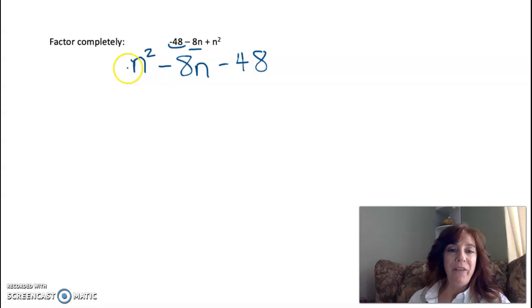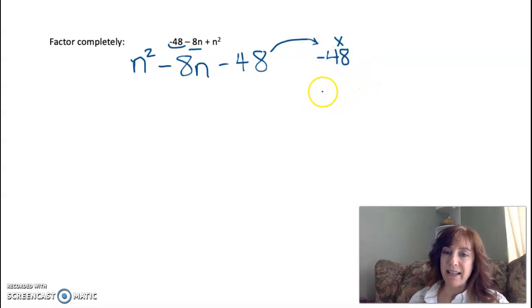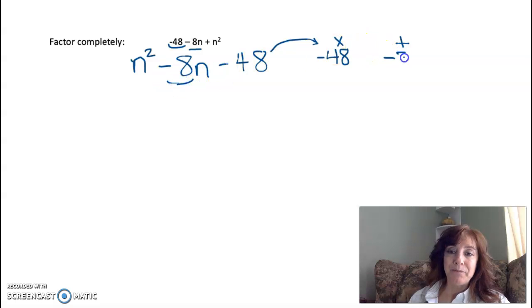There is no coefficient in front of n squared. So I take this last number and I think, what multiplies to give me 48? Actually, negative 48. That means one has to be negative and one has to be positive. And what adds to give me this middle term, negative 8?